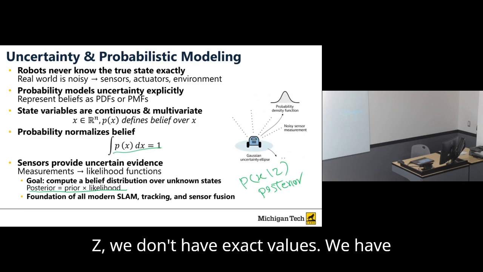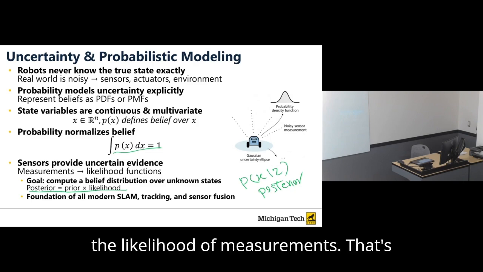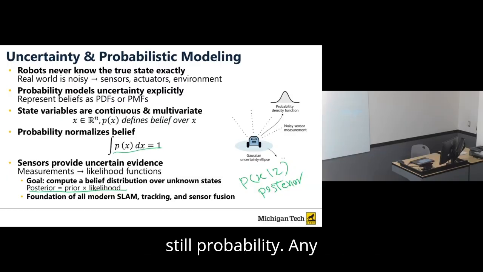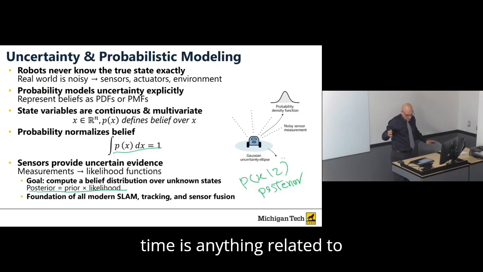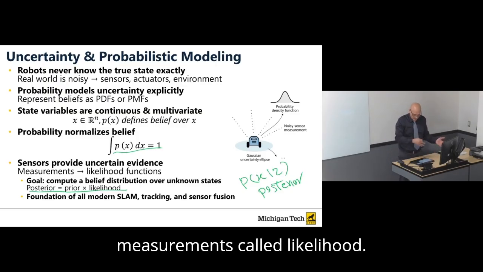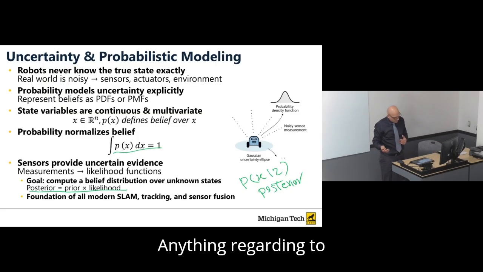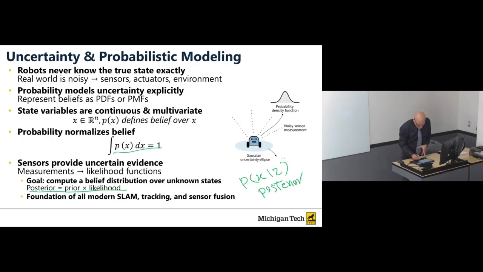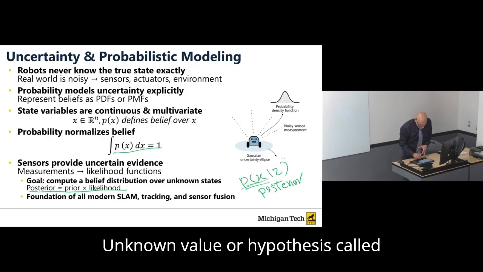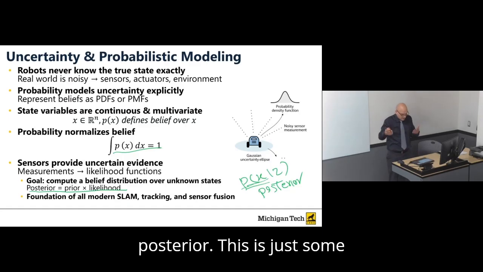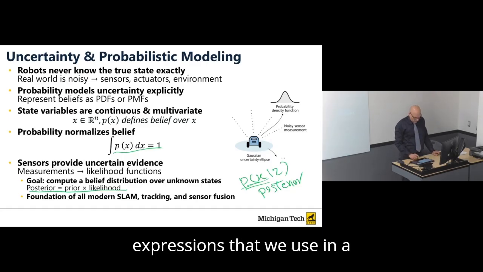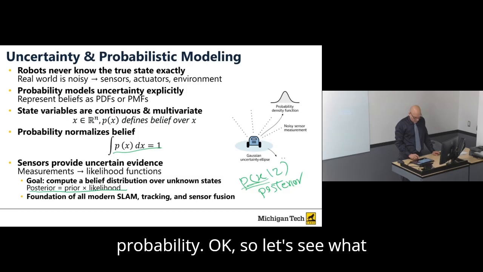Regarding z, we don't have exact values. We have the likelihood of measurements. That's still probability. Anything related to measurements is called likelihood. Anything regarding an unknown value or hypothesis is called posterior. These are just some expressions that we use in probability.